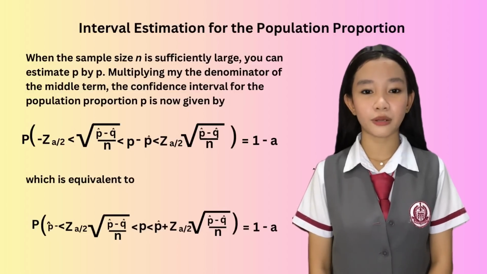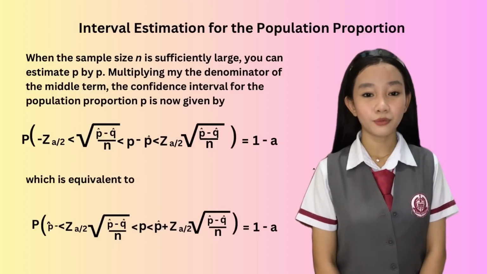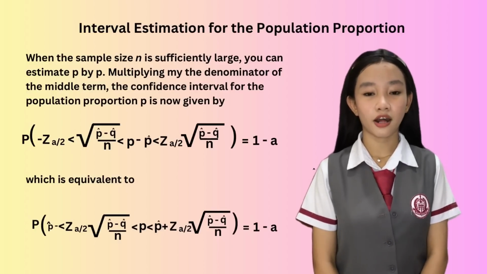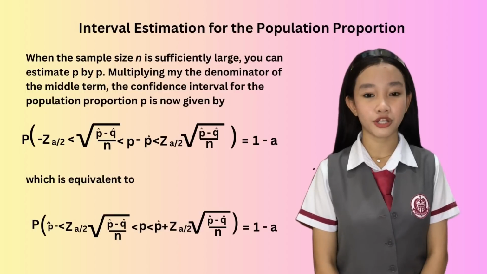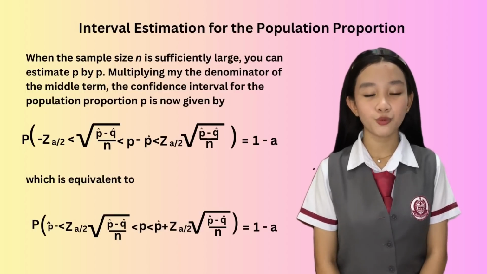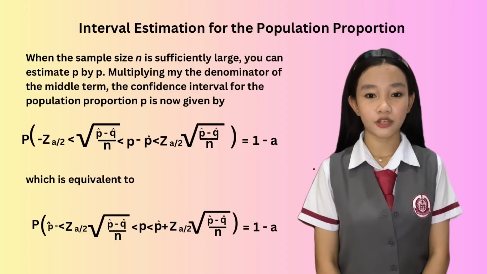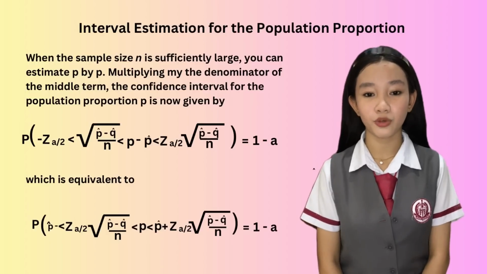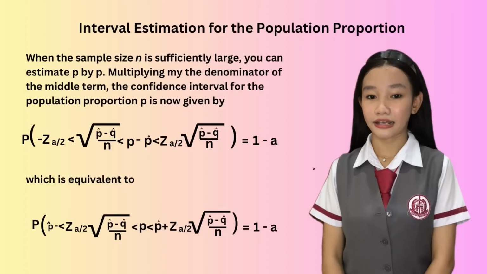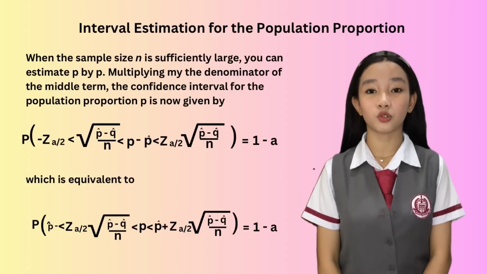The confidence interval for the population proportion p is now given by the probability that p̂ minus z subscript alpha over 2 times the square root of p̂ q̂ over n is less than p, less than p̂ plus z subscript alpha over 2 times the square root of p̂ q̂ over n, is equal to 1 minus alpha.